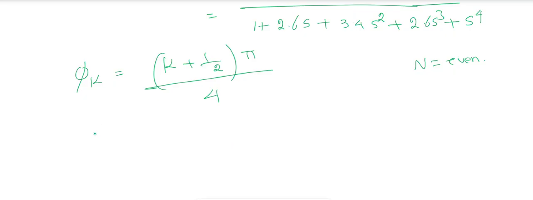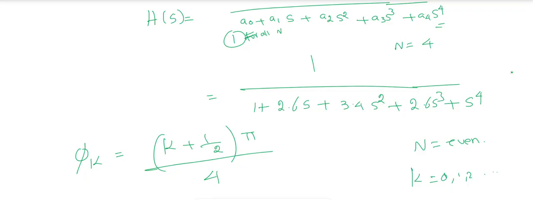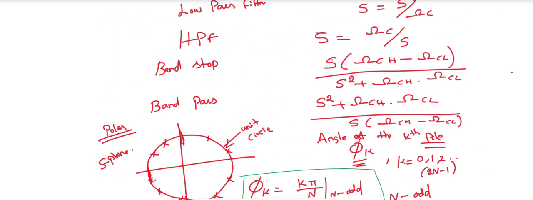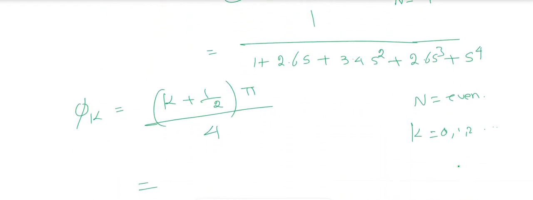So what is the k value? k is equal to 0, 1, 2, up to 2n minus 1.